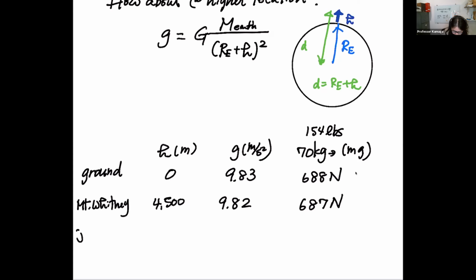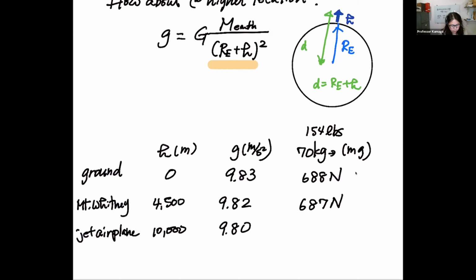How about an airplane? An airplane flies 10,000 meters above the ground. Because the denominator is squared, your gravitational acceleration does become less, but not too much, 9.80 meters per second squared. That's because this little h is insignificant.